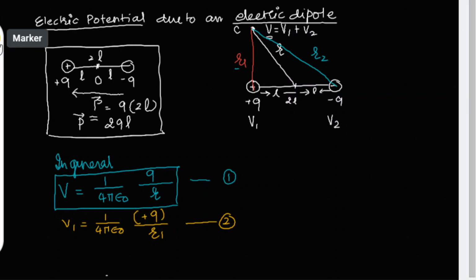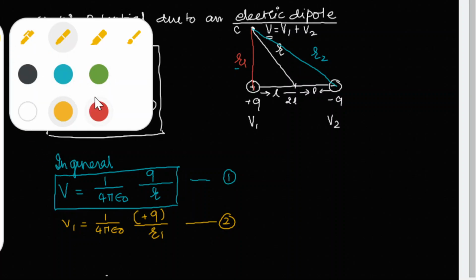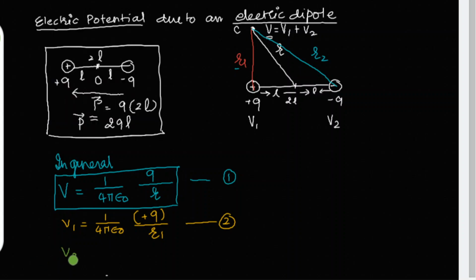Similarly, here we will write the next equation for V2. V2 is due to the negative charge. So what is the difference in this equation? 1 upon 4 pi epsilon 0 times minus q, divided by the distance between them, that is R2.